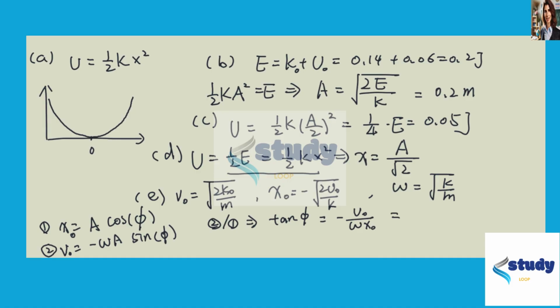And plugging the expressions in here and here, we get it is simply K naught over U naught. So it's simply the initial kinetic energy over the initial potential energy, and take the square root. And it's equal to square root of 0.429. So tangent phi is equal to this number, and you have phi equal to 3.72 radians.